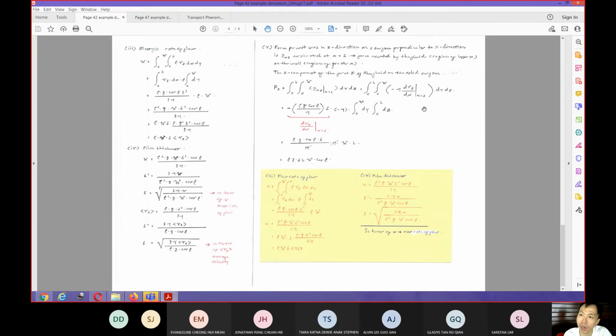If there were any correlation between this term and dy and dz, then it would not be so direct, and you would have to integrate with respect to that particular function. Here there is no connection between this term and dy and dz, so you can just integrate dy separately and dz separately. And then you will get this force. Your force will be equal to the density multiplied by gravity, multiplied by the film thickness, the length, the width, and cos beta.